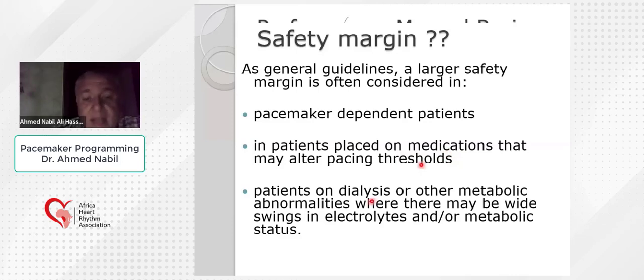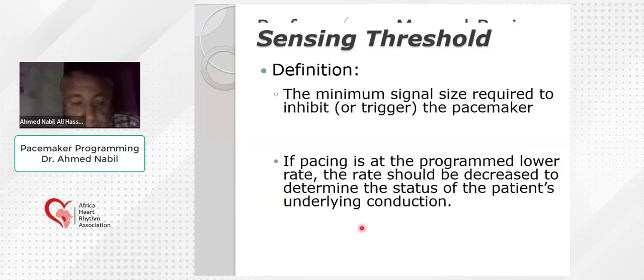Also, patients on dialysis or patients having metabolic abnormalities with wide swings in the electrolytes or metabolic status can have changeable pacing thresholds. So to be on the safe side, I can increase the safety margin a bit and adjust the pacing output at a higher level.